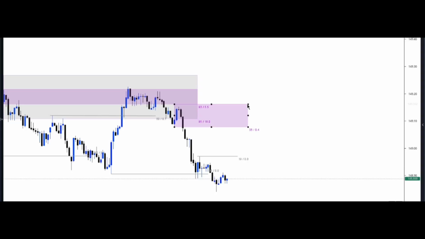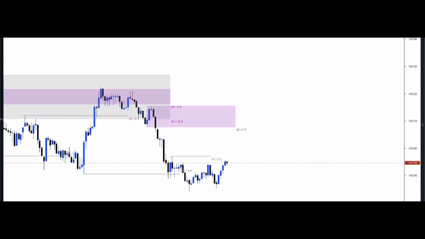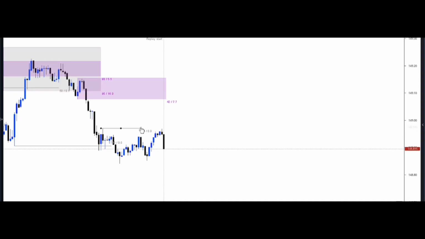It's better for you to preserve your capital than to rush into the market and then the market sucks your capital. So let's continue to play price. Let's see, our inducement was taken out. I'm sorry about that.